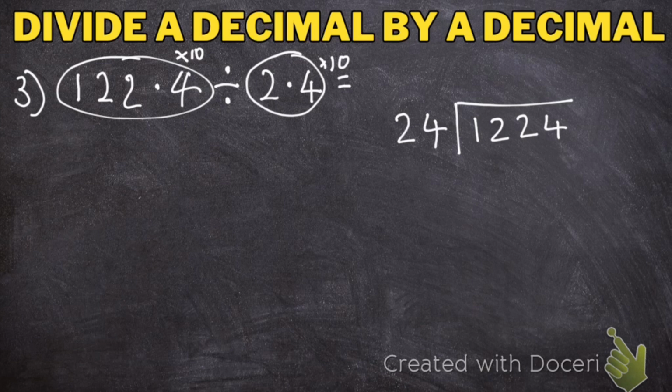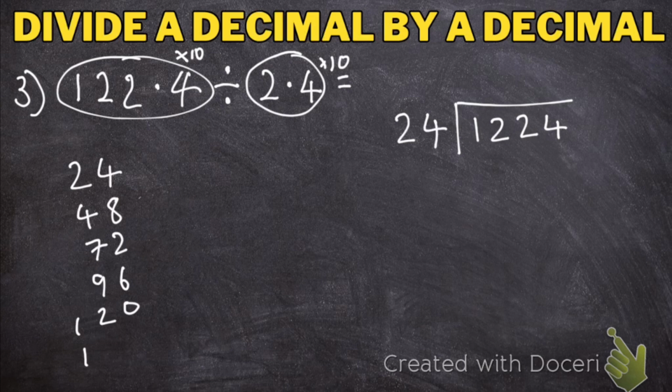Now, you may notice in this example, I have a 2-digit divisor, which means I'm going to have to do long division to sort this out. So I'm just going to quickly do my 24 times table down the side here. Once I've done that, I should be able to go on and solve this now.